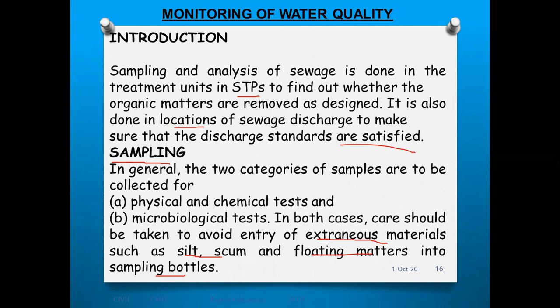When you are testing in the bottles, the water should be very transparent. So the solid particles or the floating materials, silt or scum material should not enter into the bottle. In such a way, care should be taken while taking the samples, right?